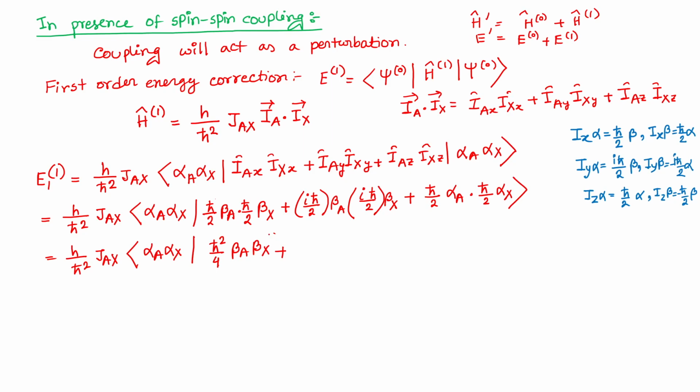Same for the next, so let me at least write it like this: h cut square J_AX. I have split those things into three different integrals, alpha A alpha X. Now this is going to give you i squared, which is minus h cut square by 4, but still it is going to give you beta A beta X. So obviously this integral is also going to be 0.